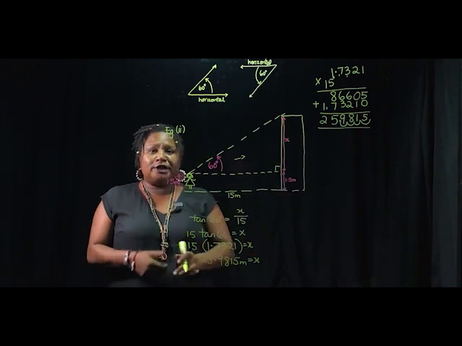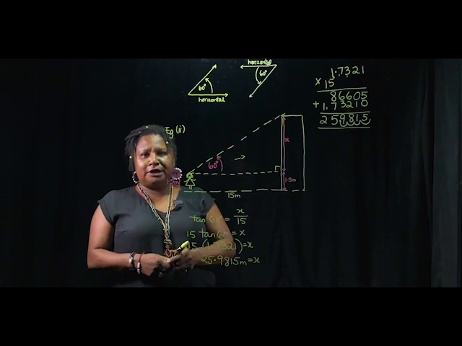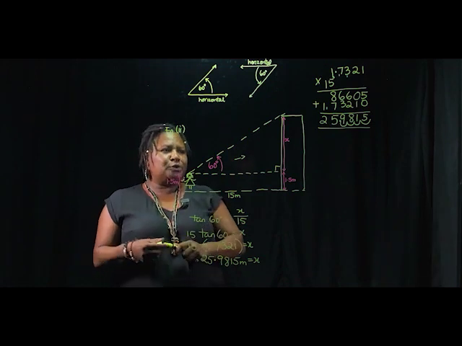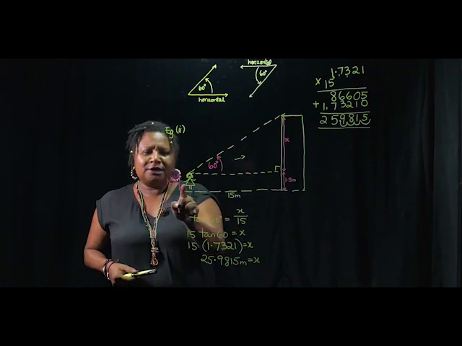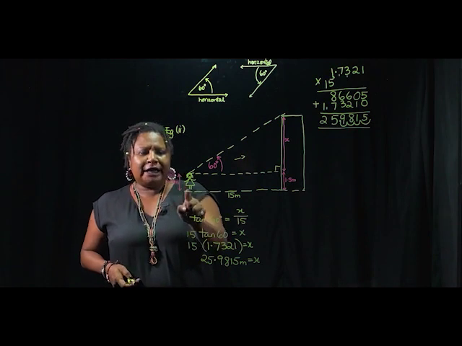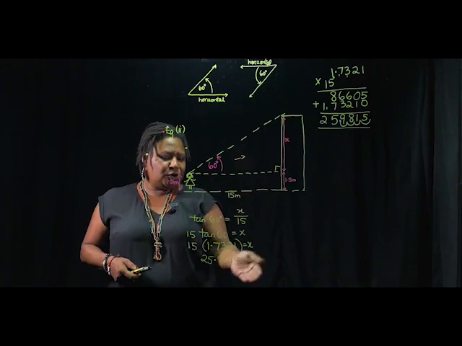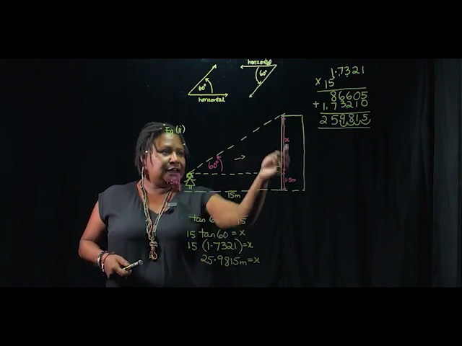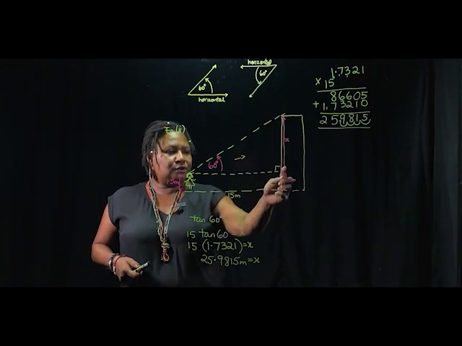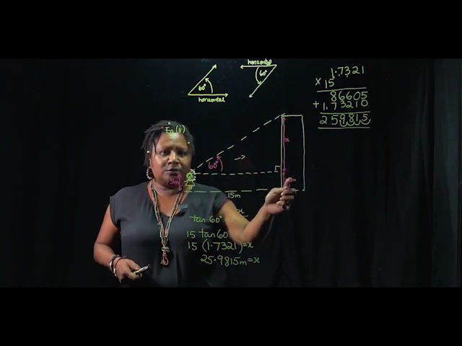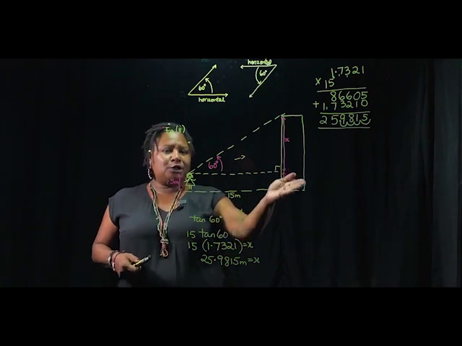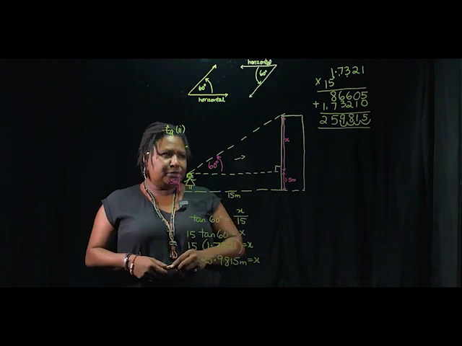Now that does not give us the total height of the building. So what are we going to do? We now need to remember that Mary is 1.5 meters tall. So we are going to add the distance from the top to this point together with Mary's height, which will give us the total height of the building.